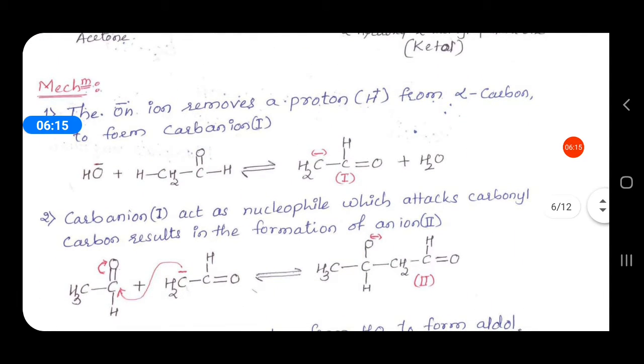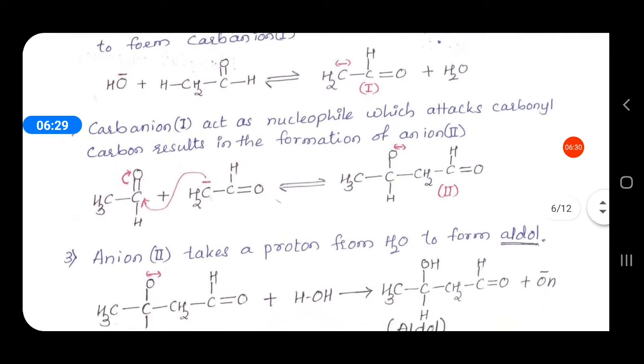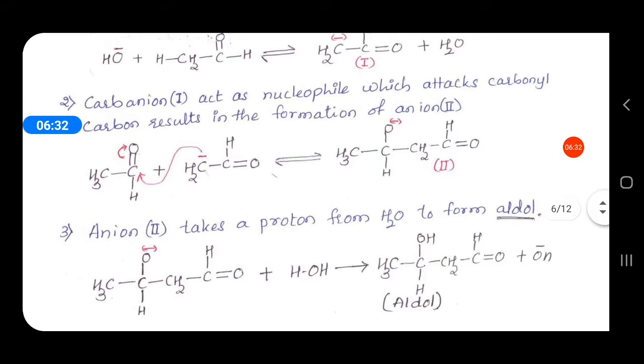In the first step, the base helps in the formation of carbanion by accepting a proton from the alpha carbon. In the second step, the carbanion formed in the first step attacks the carbonyl carbon of another molecule of aldehyde, and it produces an anion, that is anion 2.